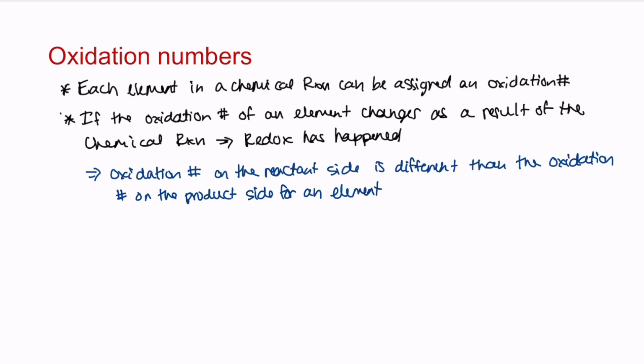Now, this is important. It has to be that single element where the oxidation number changes. Also, it's impossible to have a redox reaction where the oxidation number of one element changes and everything else stays the same. Remember, if something is losing electrons, those electrons have to go somewhere, which will change the oxidation number of the other substance.